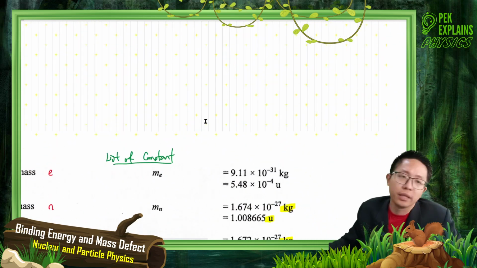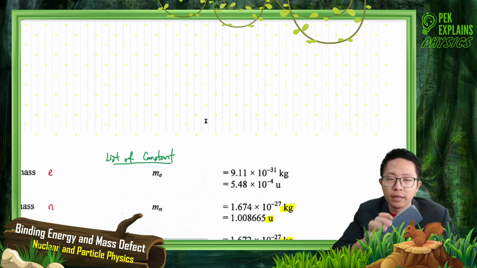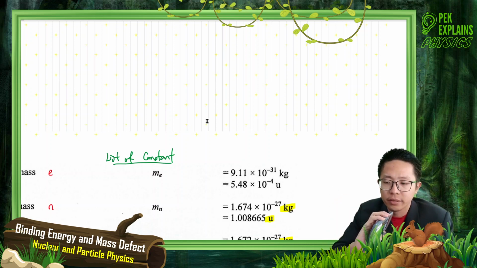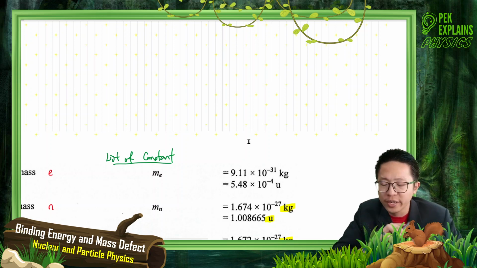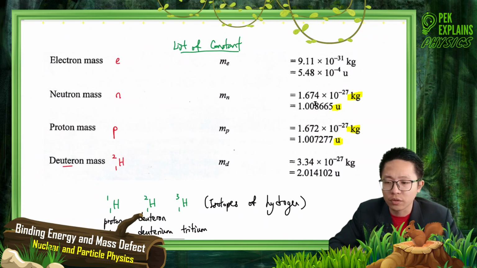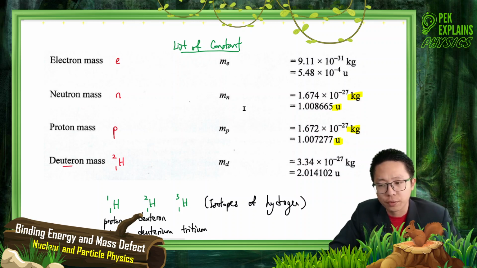I also know that the calculator actually has the mass of proton value, but always stick to the value given in the list of constants. The value in the calculator for the mass of proton and neutron is too accurate. The value provided in the list of constants is already rounded, and our answer scheme all uses the value given in the list of constants.